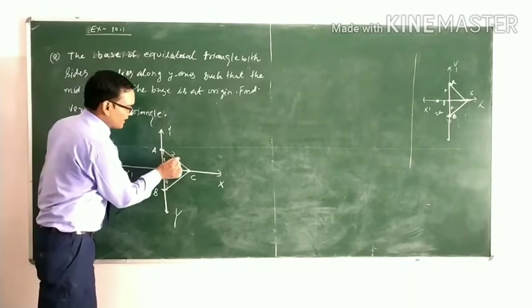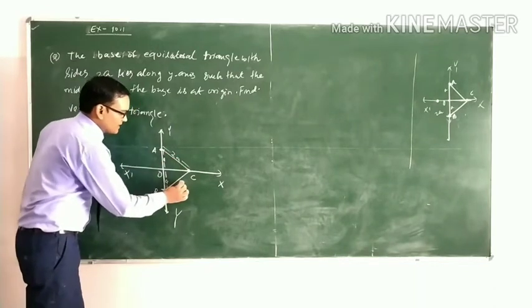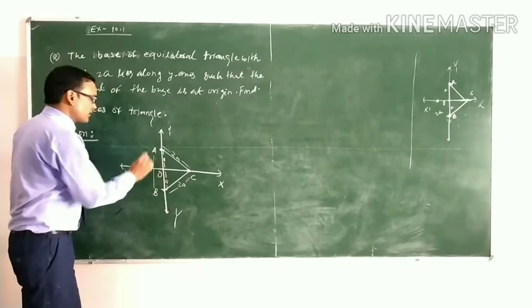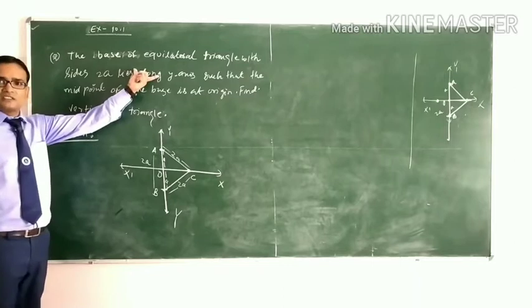AC is 2a and BC is also 2a. AB is 2a, because given in this question.